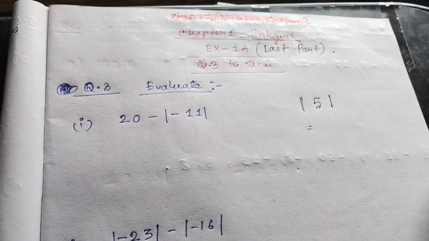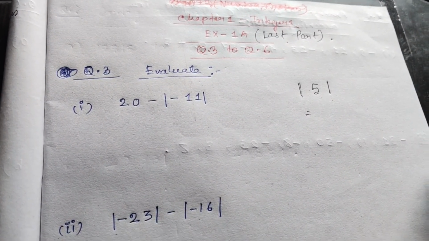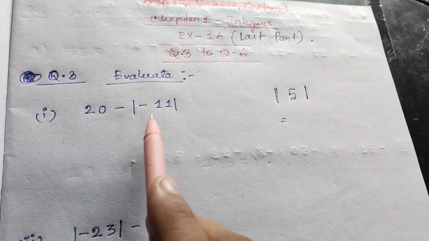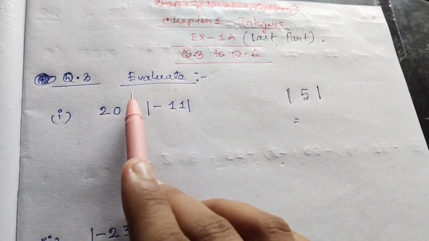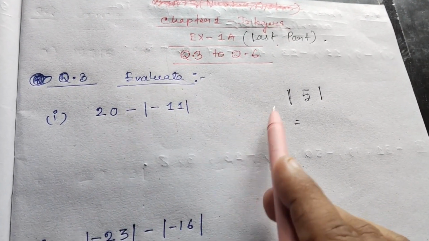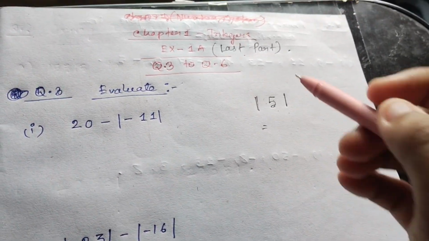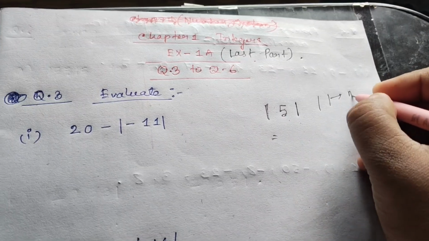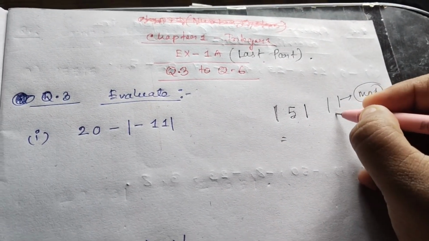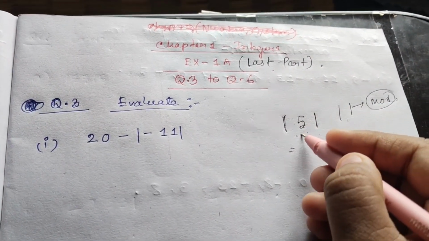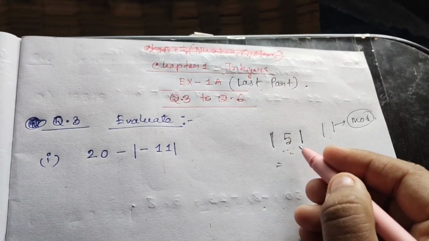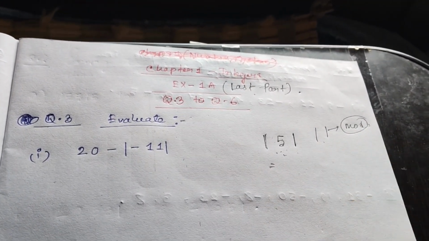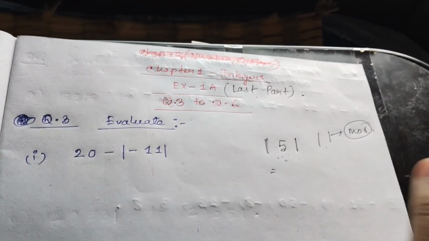Question number 3 says evaluate. The question says 20 minus mod of minus 11. To evaluate this, we need to first understand what mod is. I am taking an example. This is called mod. Whatever the value is inside, it will give us the positive value.